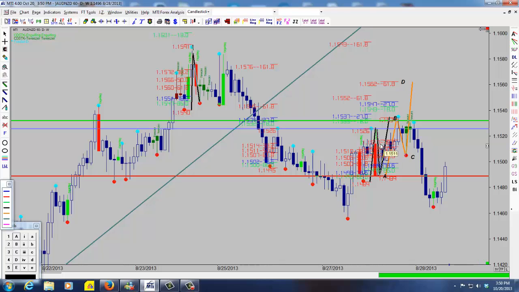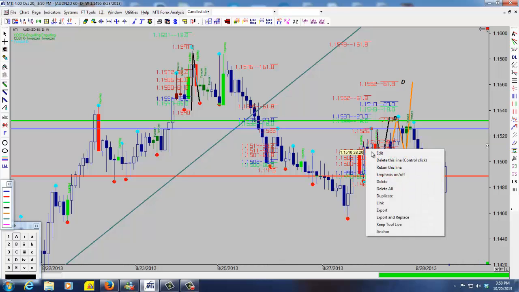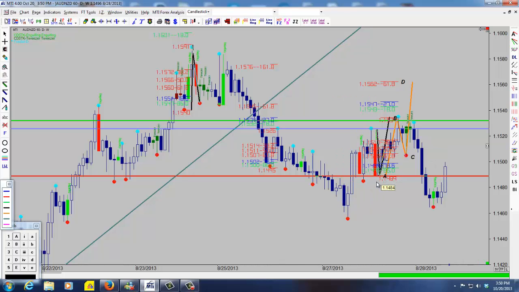And then you can delete these other fibs, but just keep your last one. And you can delete these. I'd keep the last one in there though, just so you can see it.